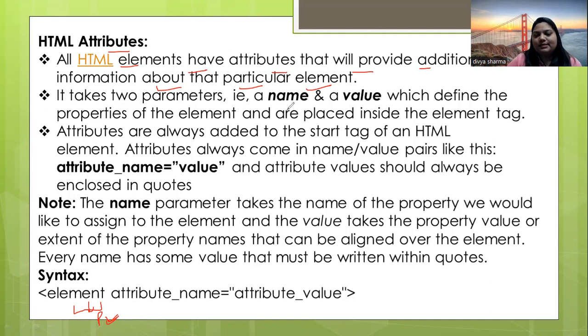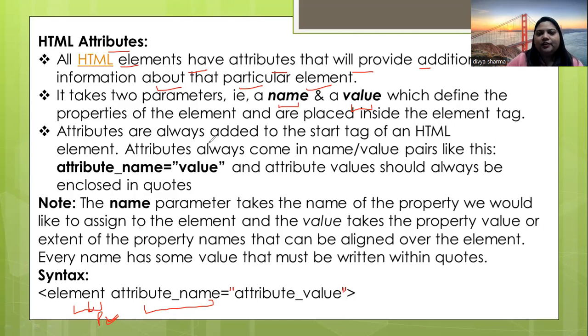It takes two parameters. The first one is the name of the attribute, and the second one is the value of the attribute. This will be the syntax: attribute name is equal to, within double quotes, the attribute value. You can use either single quotes or double quotes. There will be no problem.